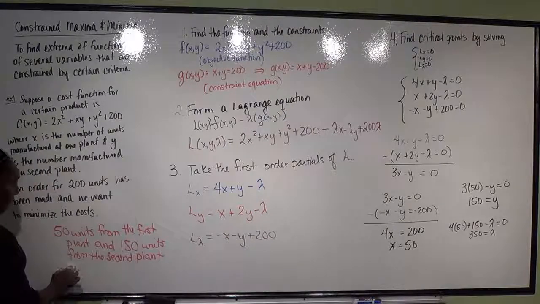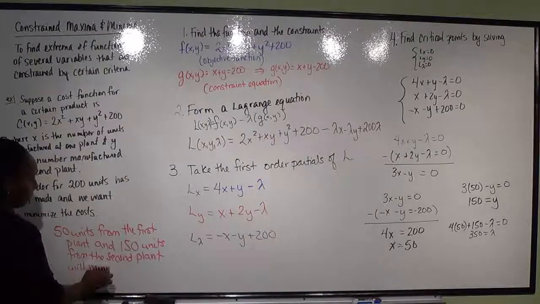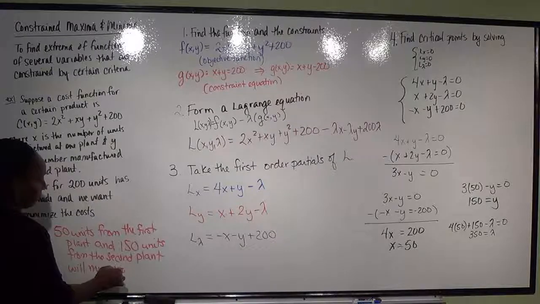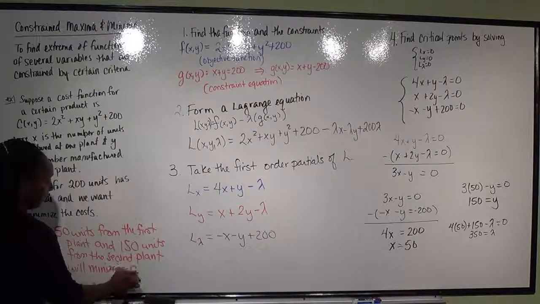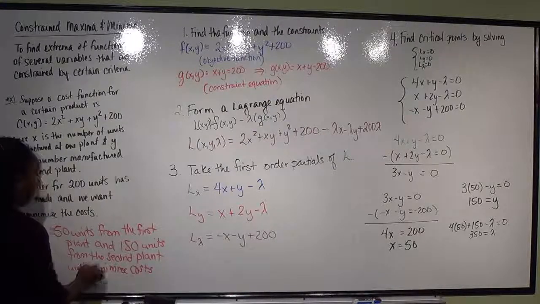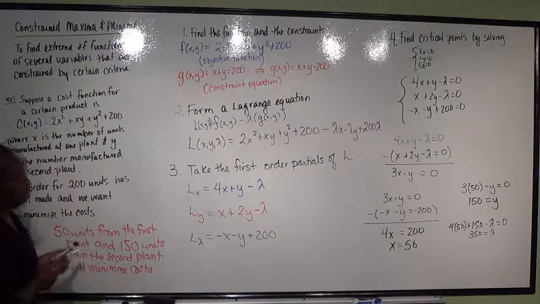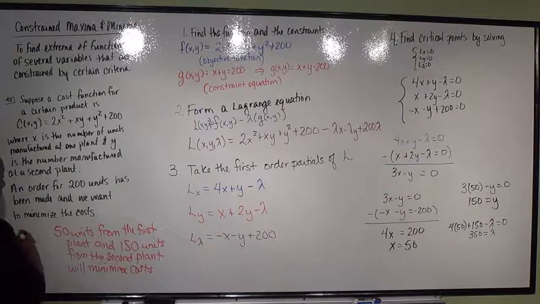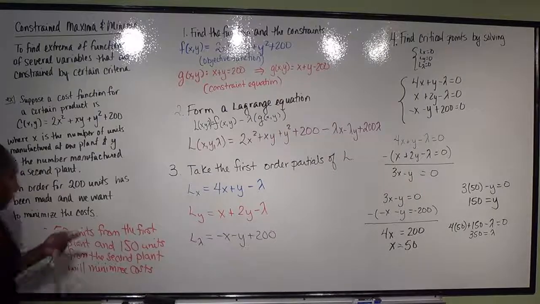That will minimize my costs. Okay, and this right here is your last step of the problem. So this is number 5. This is where I'm going to state my solution.